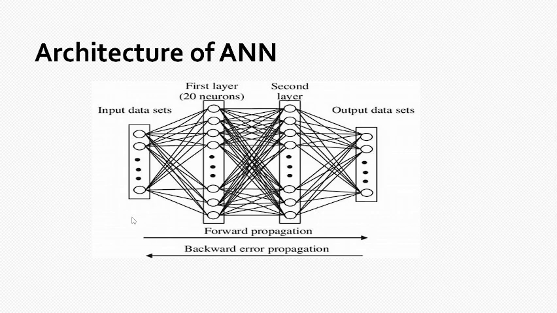Whenever data passes from input to output, it is called forward propagation, which happens in every deep learning model. Back propagation, on the other hand, is when we return from output to input; whenever the model suffers from overfitting, we want to reduce it, and that's why we use back propagation.